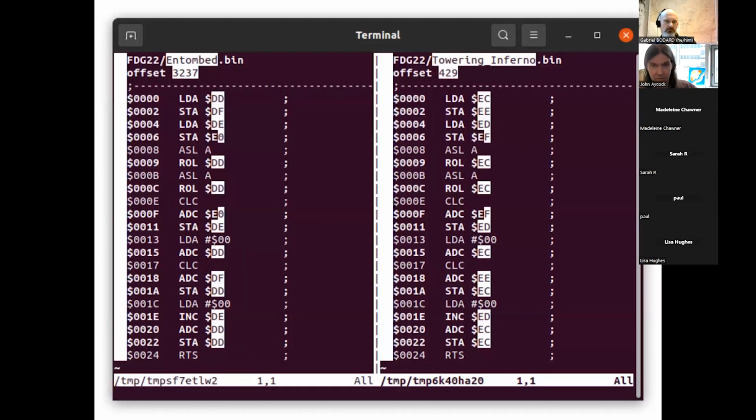As a prelude, this is the result of one of our systems analysis programs. What it's doing is showing two alleged instances of code reuse side by side with the differences between the two highlighted. What you're seeing here is the code reuse I found before manually in Entombed, except when I showed it to you earlier, I'd sanitized it so that it used variables W, X, Y, and Z instead of the actual memory addresses. Here it is in its raw form.